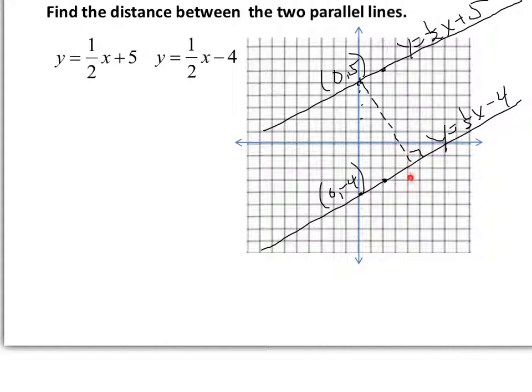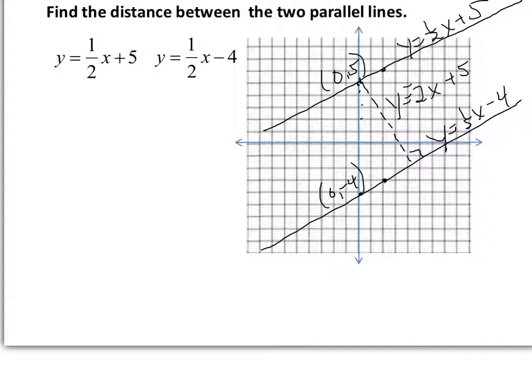So what I need to do is find the coordinate of that point of intersection. So in order to do that, we're going to write the equation of that perpendicular line. Well, it is y equals negative 2x plus 5. It's got to be the opposite reciprocal of the given slope, and the given slope was 1/2.